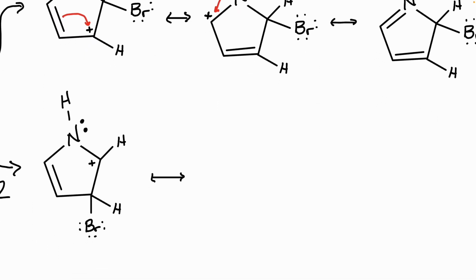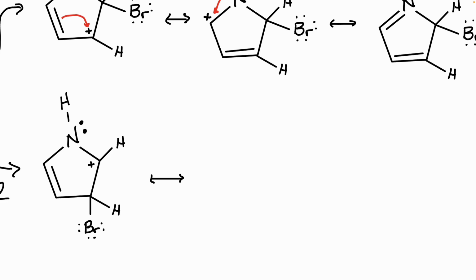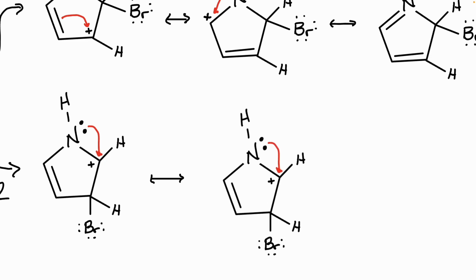If I go down to my other structure here, now I again have this positive charge located right next to that lone pair of electrons, so that can come down. Positive charge.